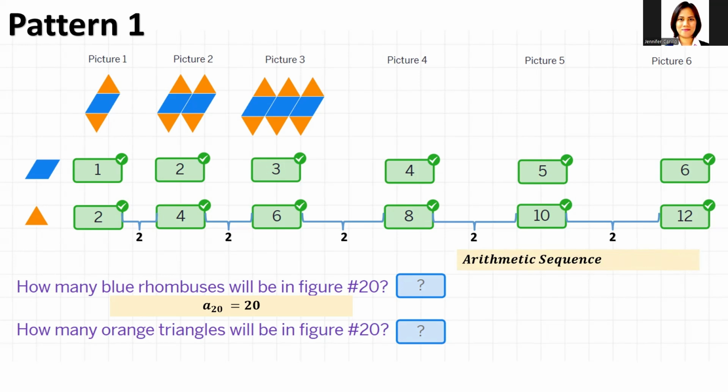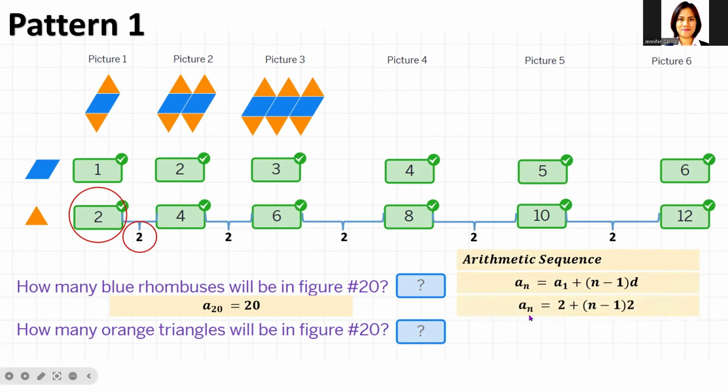In the arithmetic sequence, we will use the formula a sub n is equal to a sub 1 plus n minus 1 times d. Take note, in the sequence of triangles, the first term is 2 and the common difference is 2. So we substitute 2 as a sub 1 and 2 as the common difference d.